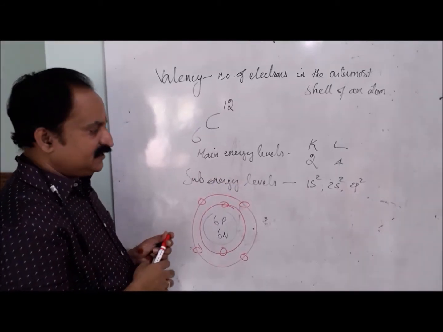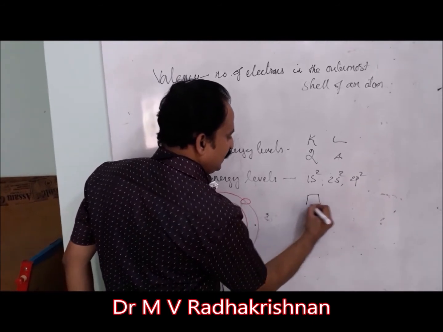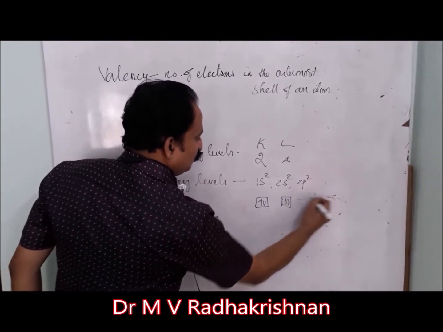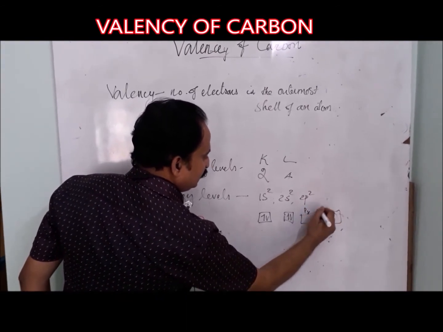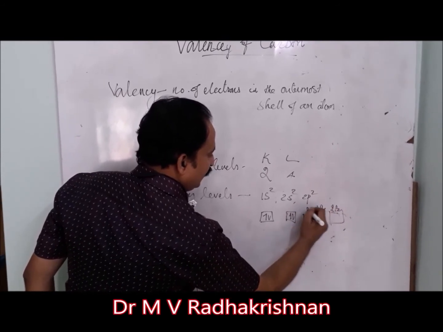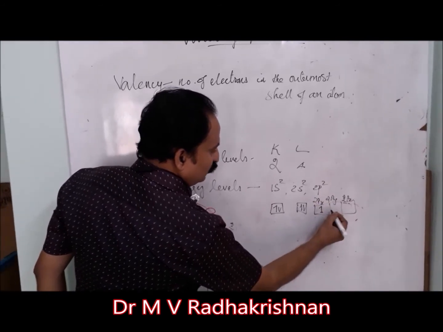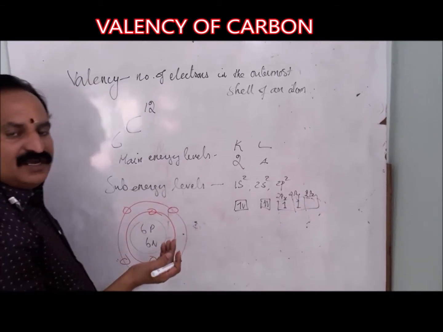When we write it like this, it is the ground state electronic configuration: 1s2, 2s2 and 2p2, that is 2px1 and 2py1.